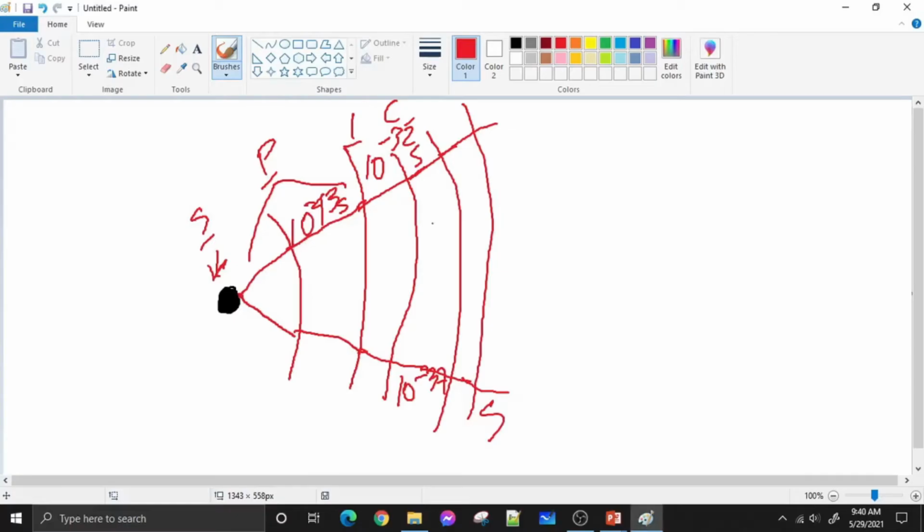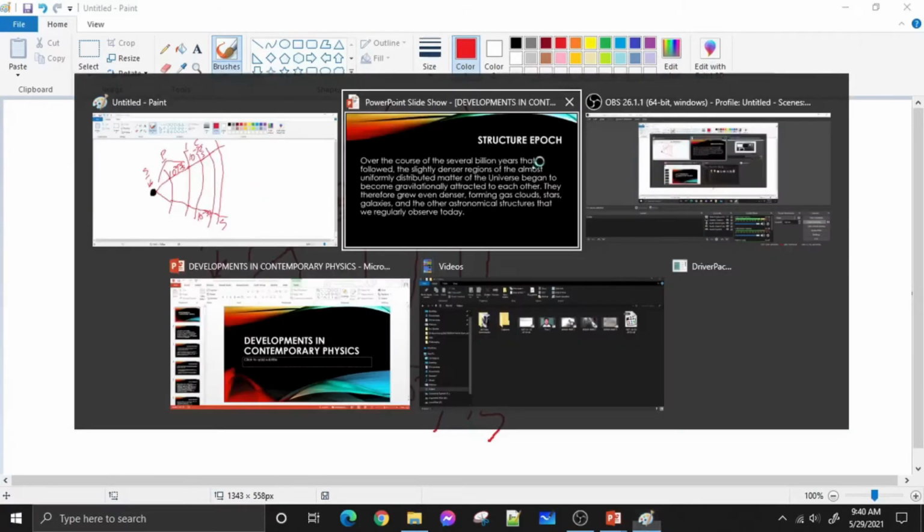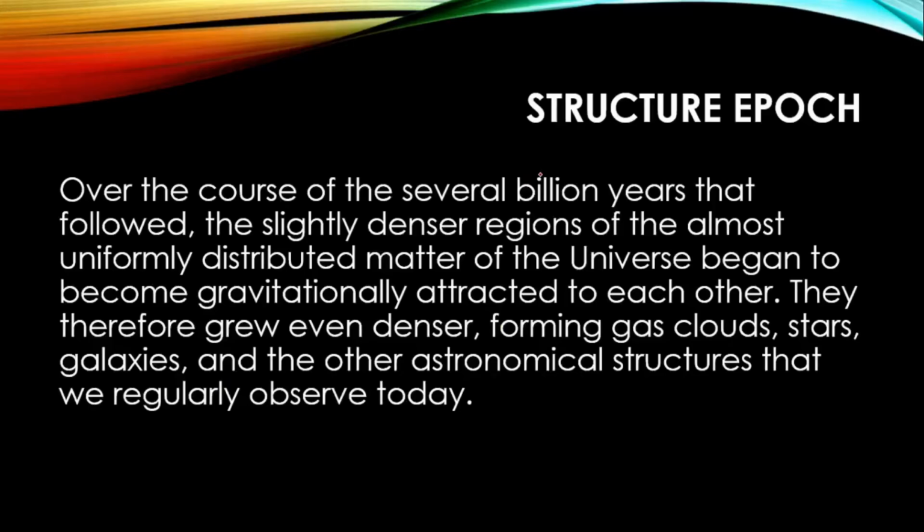So the structure epoch is the most recent action since the singularity. In this epoch, the stars and planets and other astronomical structures are formed, because they grew even denser, forming gas clouds, stars and galaxies.